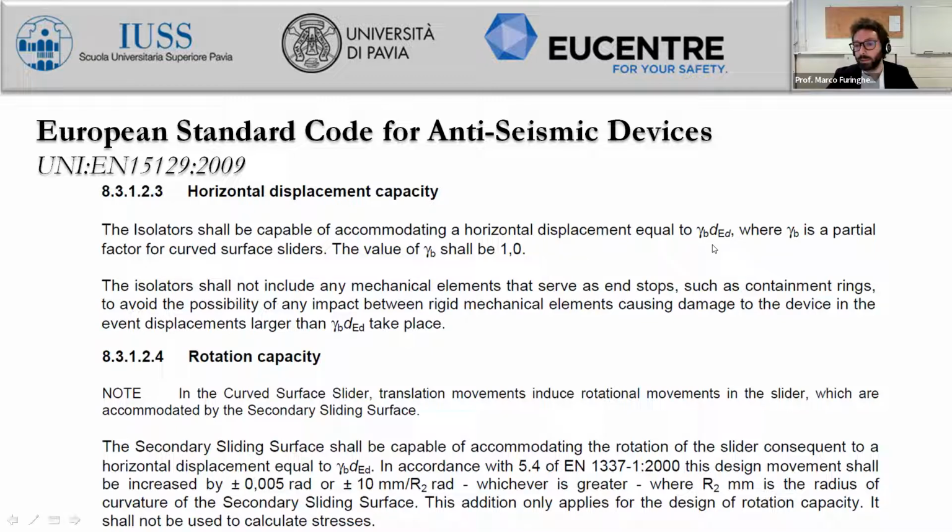Here, the maximum displacement looks like it is amplified, but the coefficient is equal to 1, so it is exactly the design displacement. And the same also to ensure that the device can accommodate rotations.